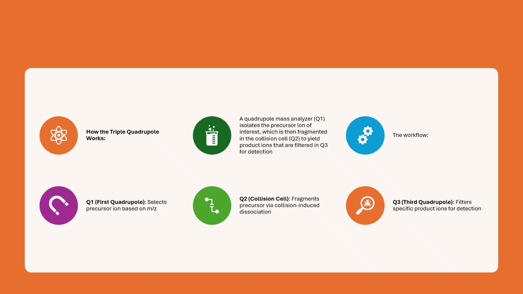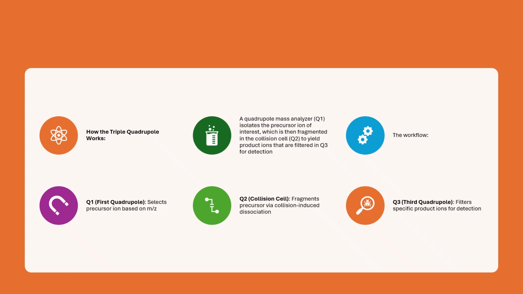So as you can see in the picture, Q1, called the first quadrupole, selects your precursor ion based on the mass to charge ratio. Q2 fragments the precursor ion via collision induced dissociation. And the third quadrupole filters specific product ions for detection.